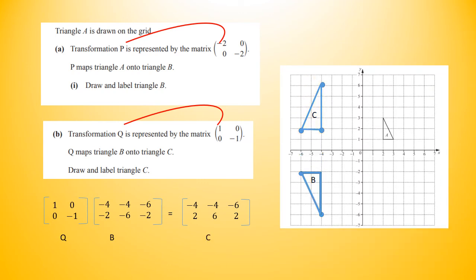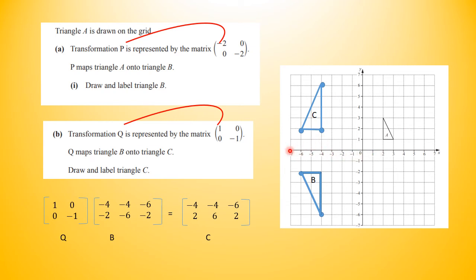So let's mark the points of triangle B mapped onto the new triangle C. In this case, they have not asked what the single transformation of Q is, but you can clearly see it is a reflection along the x-axis.